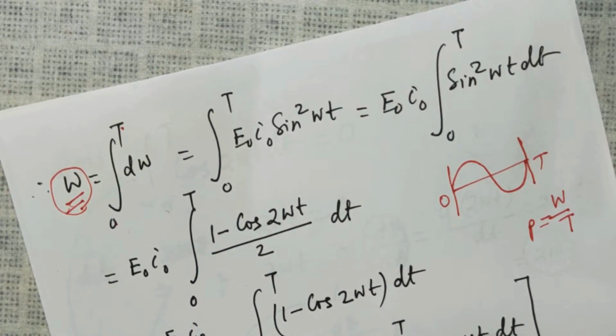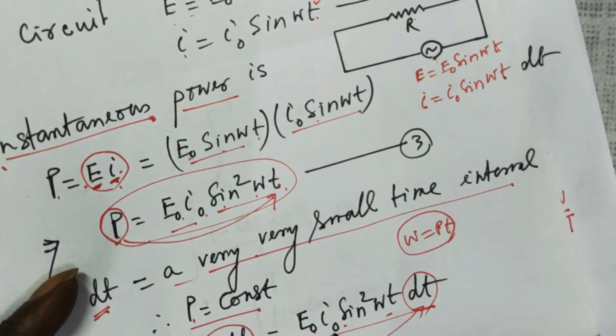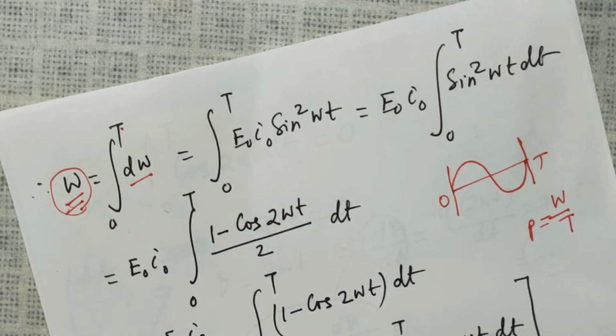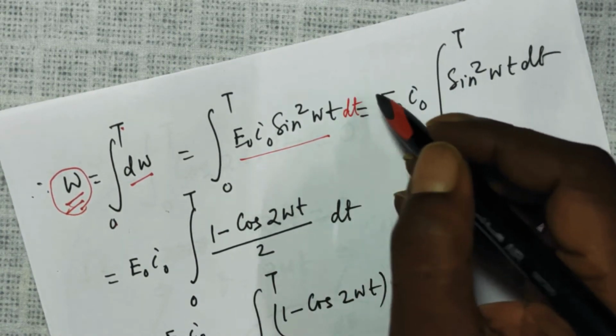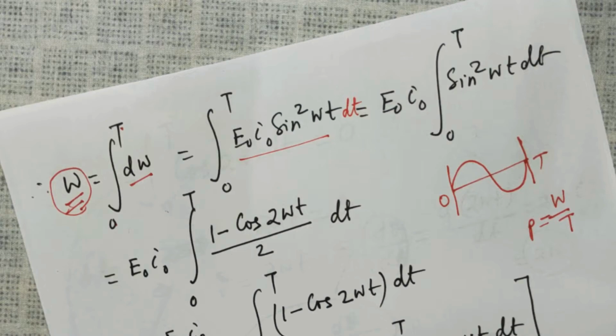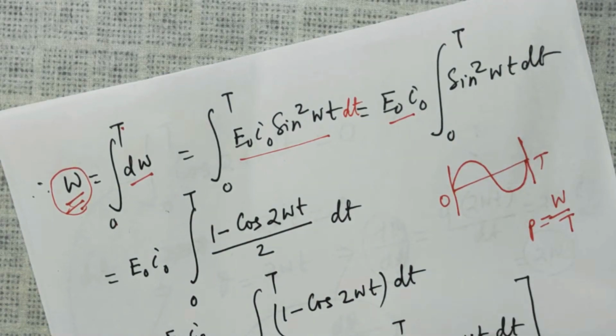So now it's simple. For dW, which I just explained on the previous page, E naught I naught sine square omega t dt, I substitute it. E naught I naught is constant, taken out: sine square omega t dt.